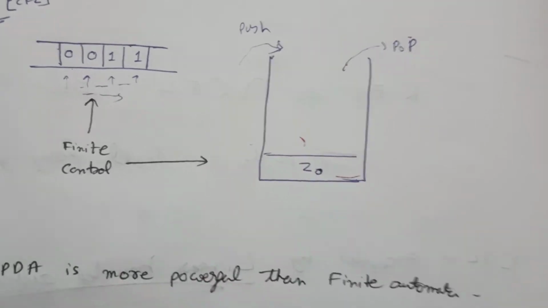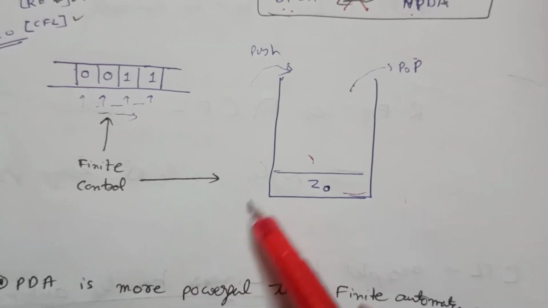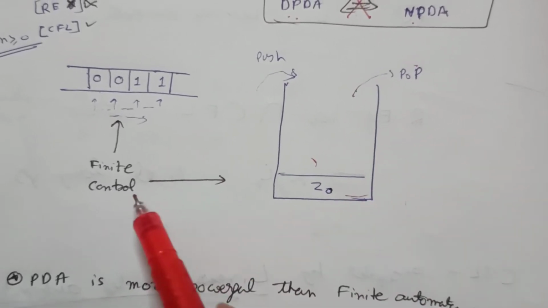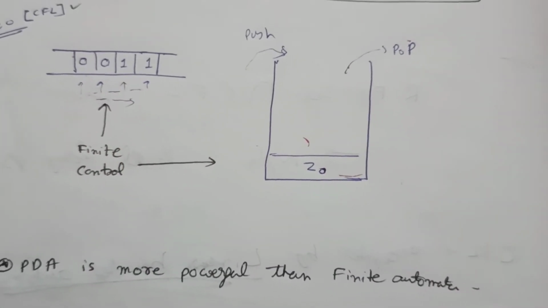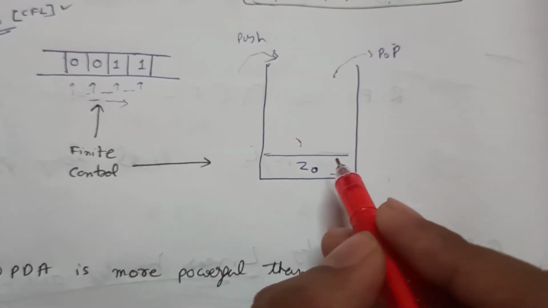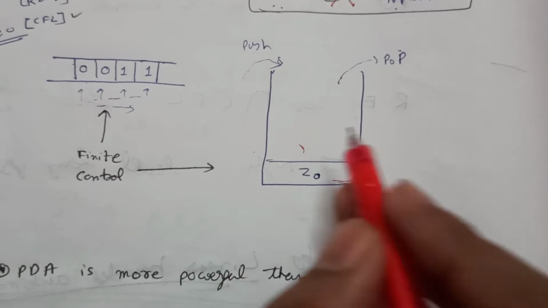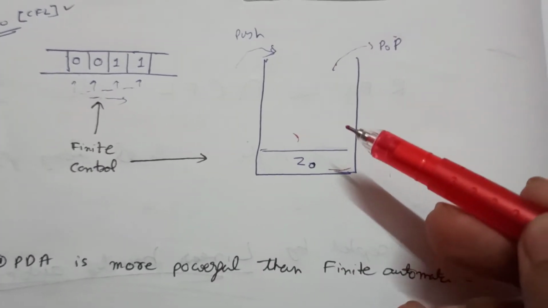Depending on the top of stack, the input symbol and our current state, all these three factors, our next state is determined, and after that it moves from our current input symbol to the next input symbol. And if we push anything into our stack, then our stack head goes upper. We only work on the top value of the stack.